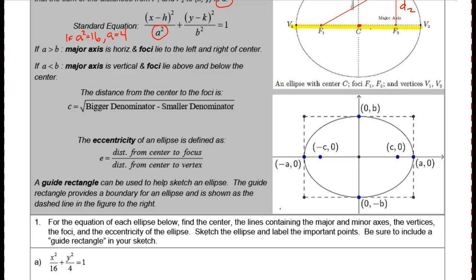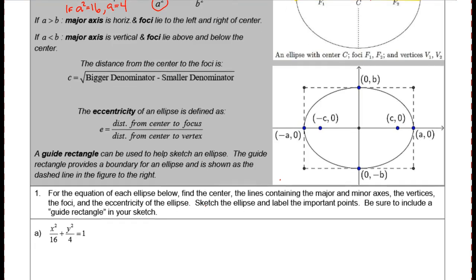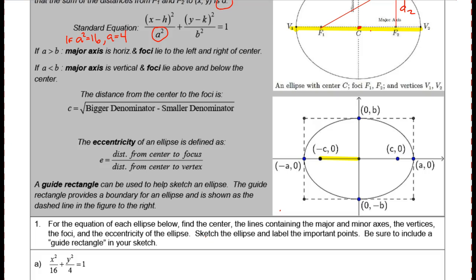Next thing we're going to talk about is this value called c. c is the distance from the center to the foci. So in this picture, the distance from the center to the foci is right here, this highlighted distance. And c is equal to the square root of the big denominator minus the small denominator. And you might be asking yourself, why didn't he say a squared minus b squared?